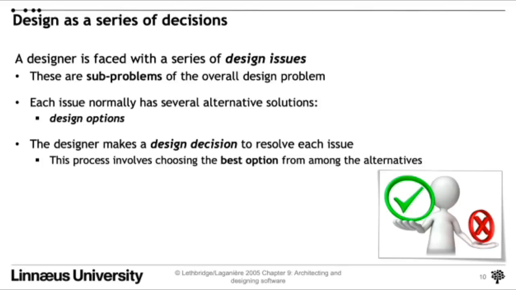This is called the divide and conquer methodology. We have a big problem, we split it into a set of small problems, we solve the small problems, and then we put together this set of solutions in order to solve the big problem.